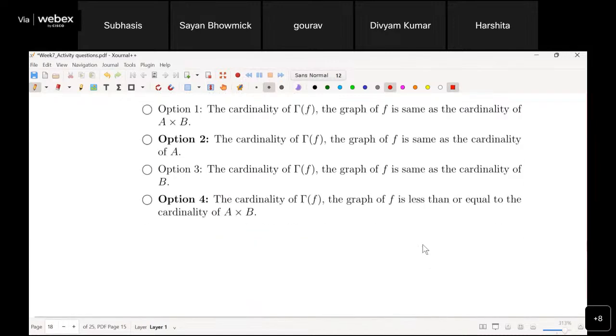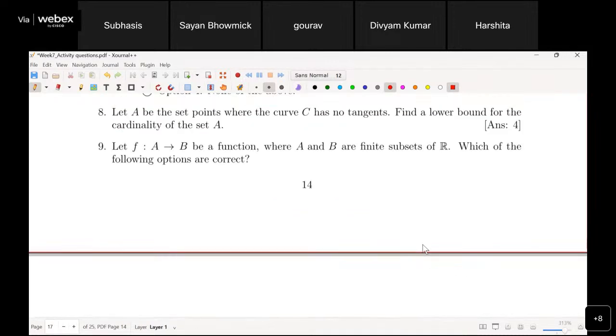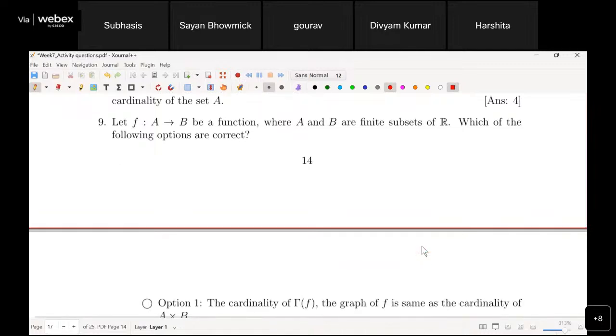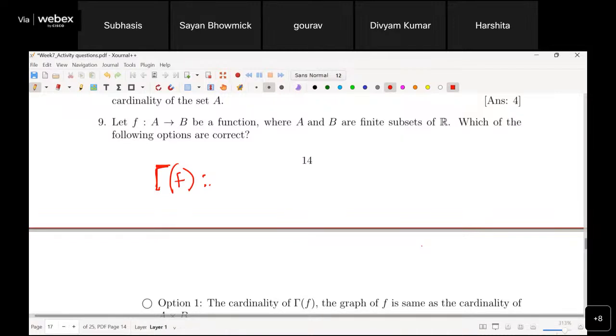Okay, let me solve question number 9 as well. What is the graph of a function? What is sigma? Can you tell me the definition of sigma? No, you have to tell me the definition.